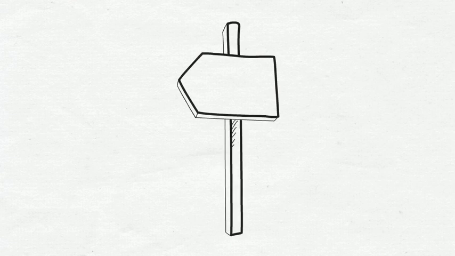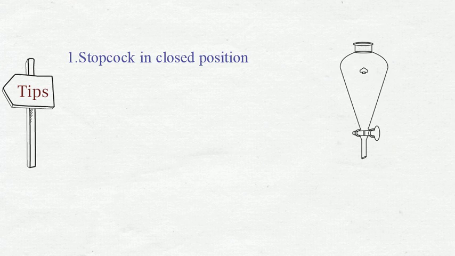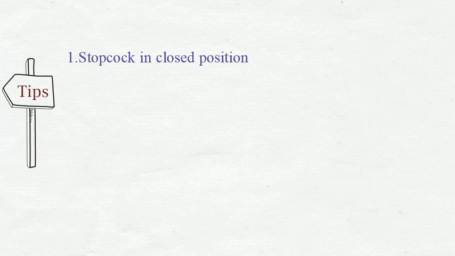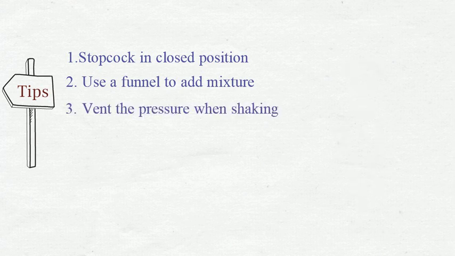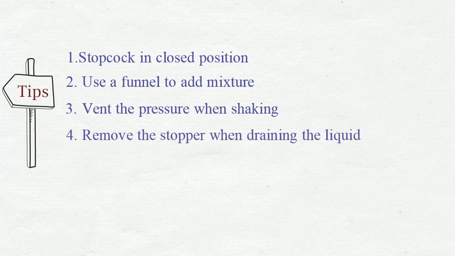Here are a few tips for a successful extraction. 1. Before pouring anything, make sure the stopcock is in closed position. Always have a flask underneath to catch liquid in case it was not closed. 2. Use a funnel to add mixture to the separatory funnel. 3. Make sure to vent the pressure when shaking the separatory funnel to avoid accidents. 4.